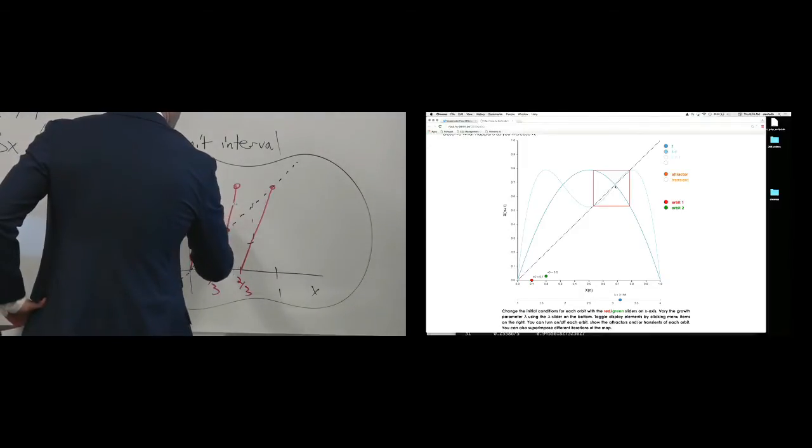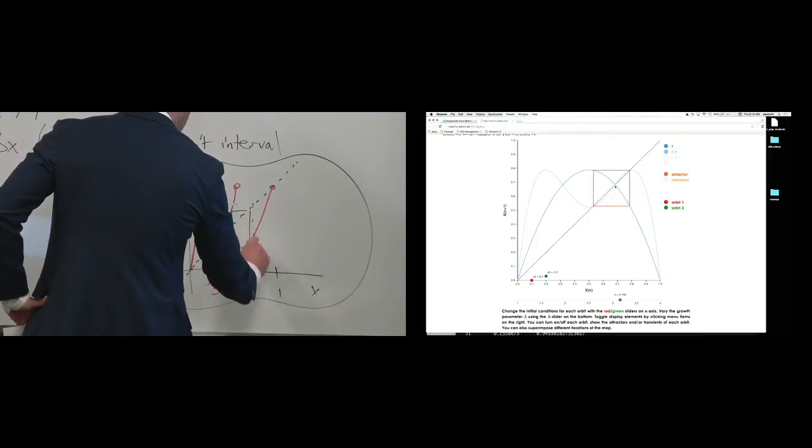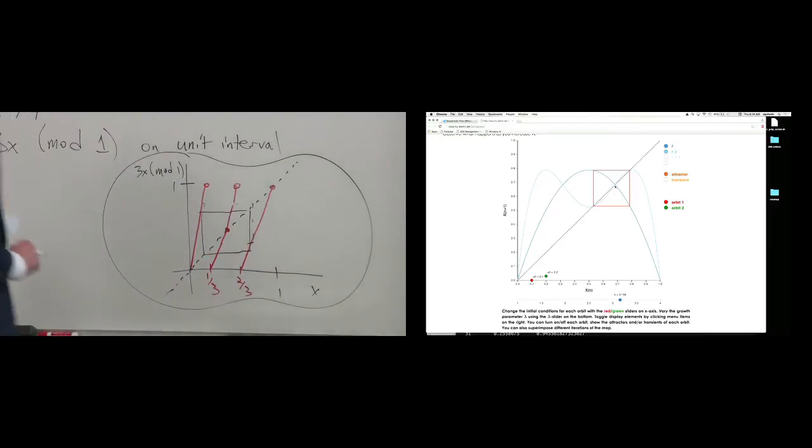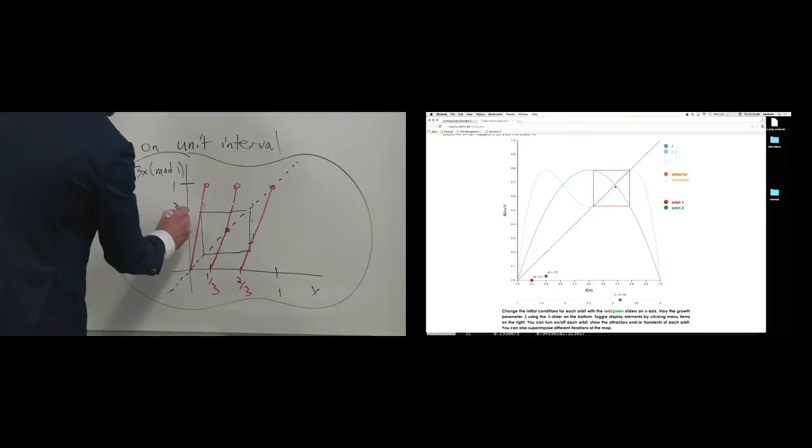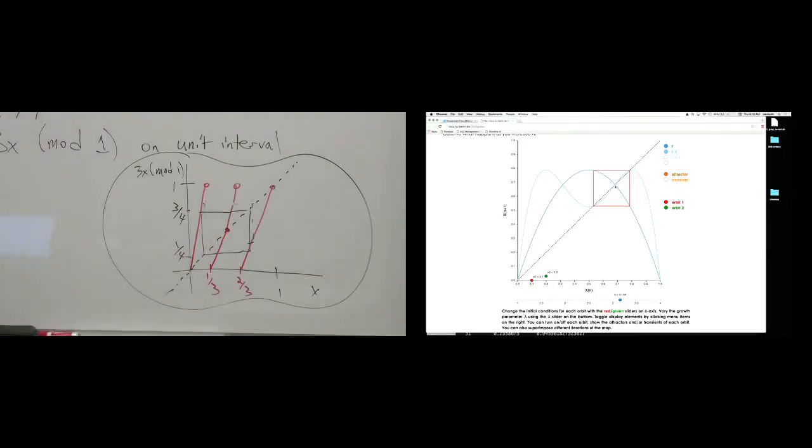So there we go. At 1/4 and 3/4, you got yourself a period 2 orbit. Sink or source? Period 2 orbit, this one.